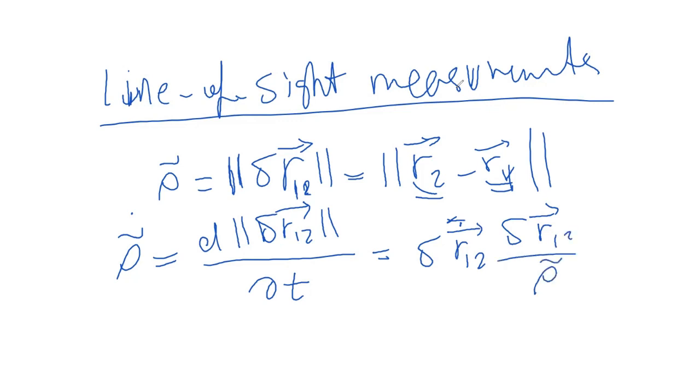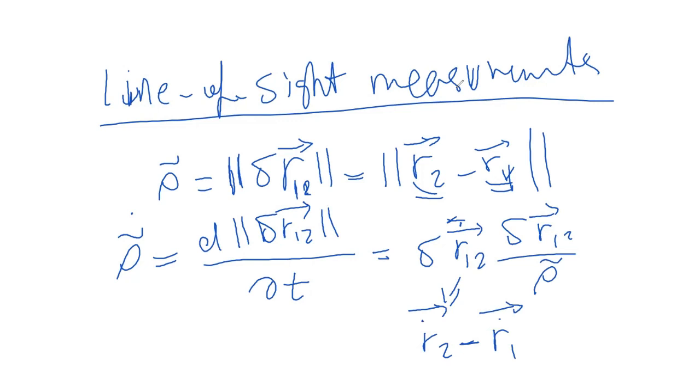If you take the derivative of the absolute value, normally you can come to that. And this one is actually the velocity vector of the second satellite minus the velocity vector of the first satellite.